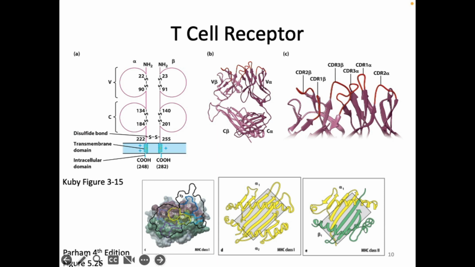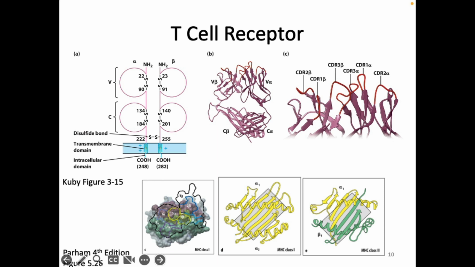Just as I've been mentioning, we've got CDRs on both chains: a CDR 1, 2, and 3 on the alpha chain and a CDR 1, 2, and 3 on the beta chain, because this is an alpha beta TCR, all up there to interact with MHC plus peptide.